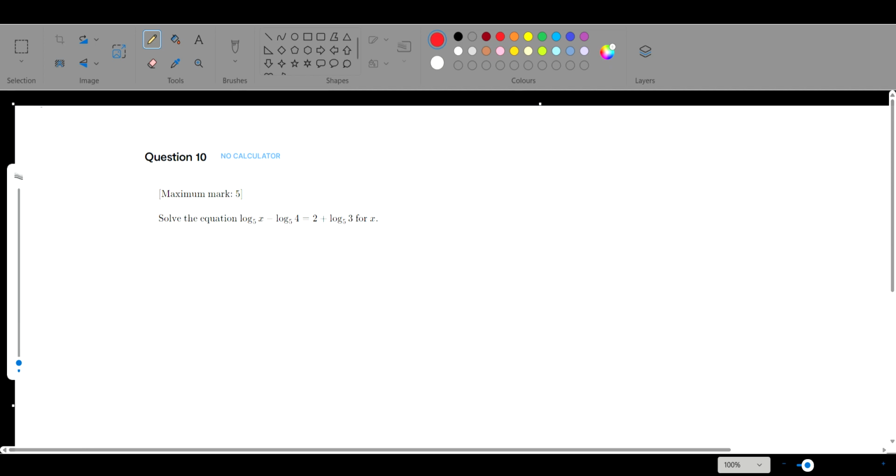x is 60. I hope you haven't used any kind of calculator. Alright, let's see. So we have log base 5 x minus log base 5 4, that's equal to 2 plus log base 5 3.